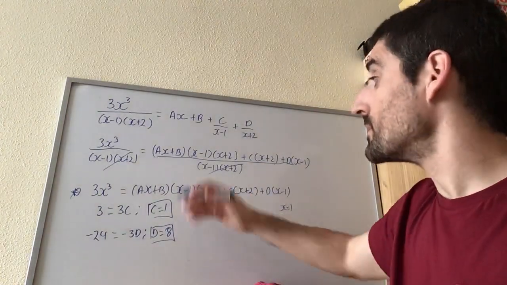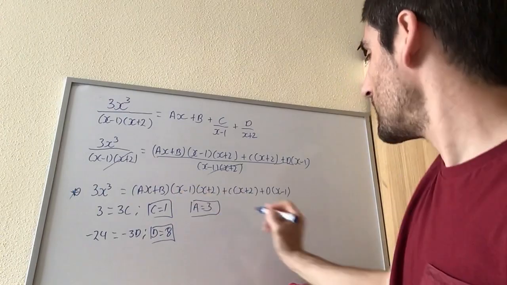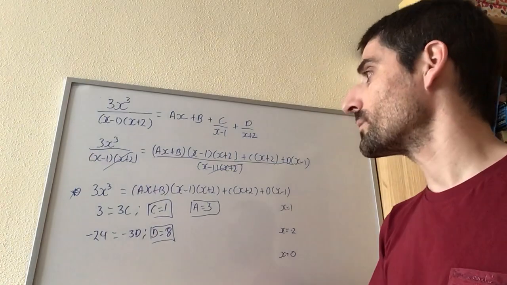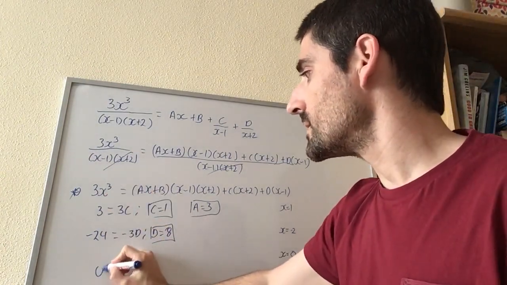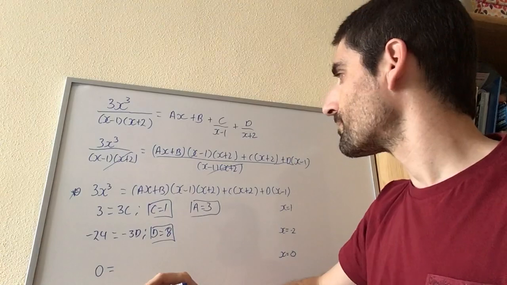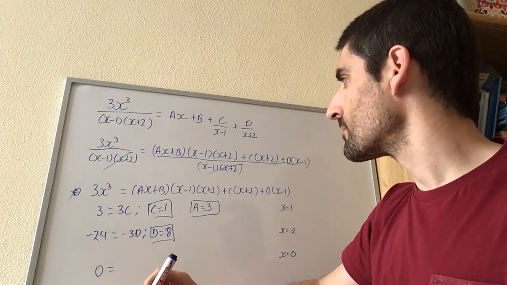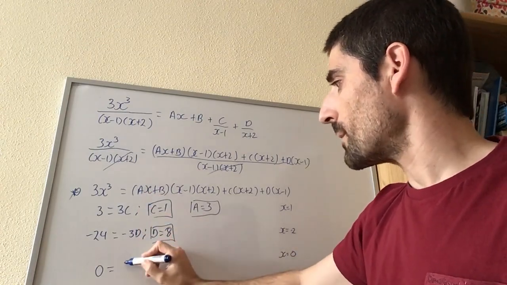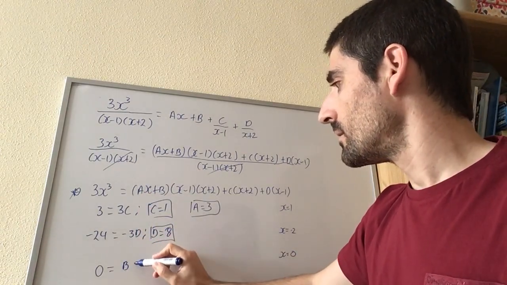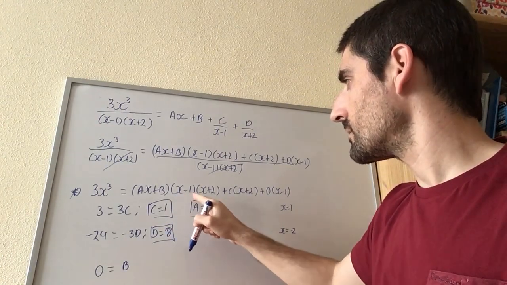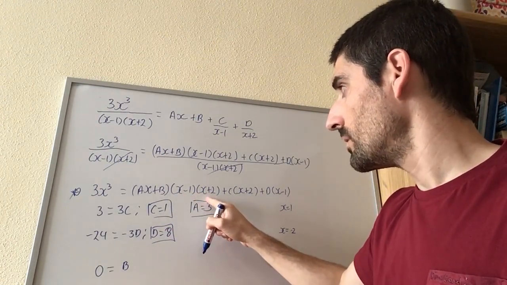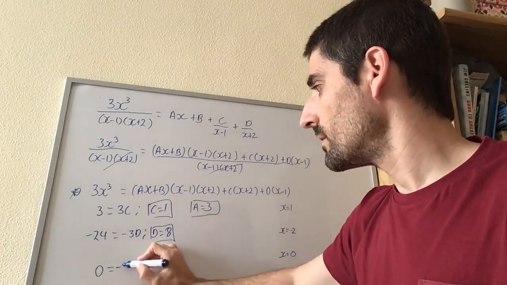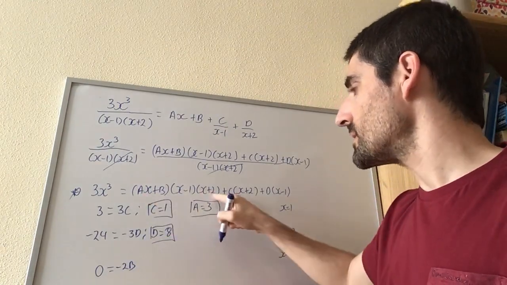And the easiest value to substitute in, once we've got a, c and d, is x equals 0. So if I substitute x equals 0, 0 cubed times 3, 0 equals, 8 times 0 is 0, so I get b. Minus 1 times 2 is minus 2 times b, so I get minus 2b.